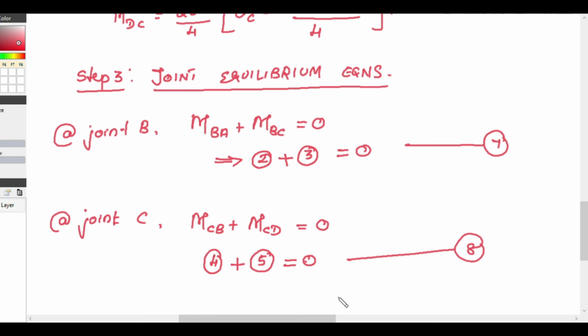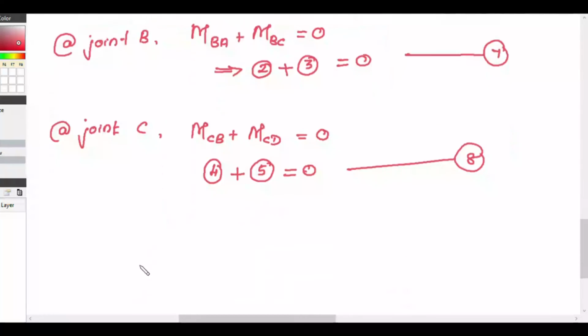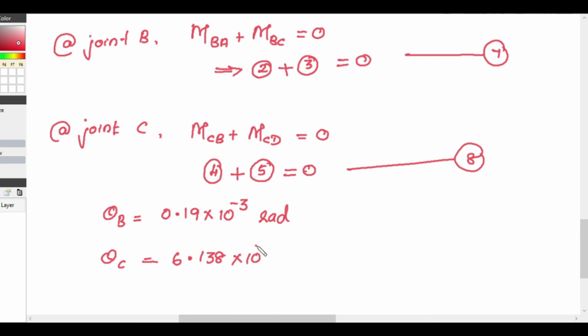So solving all these equations and substituting the values for E and I, we get the value of theta B equal to 0.19 into 10 raised to minus 3 radians, and theta C equal to 6.138 into 10 raised to minus 3 radians.